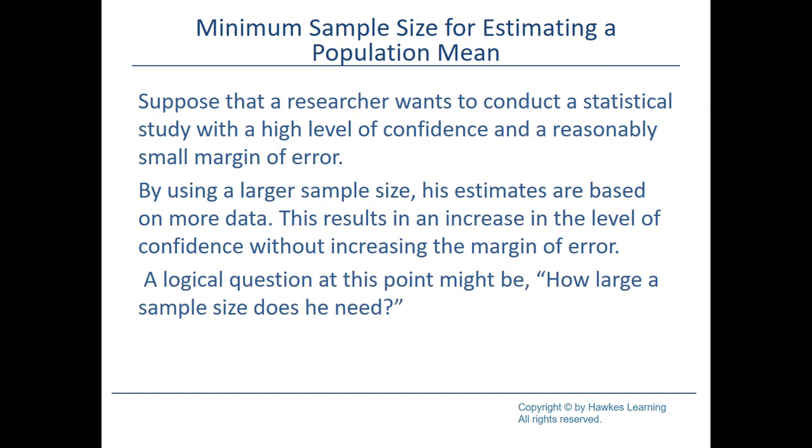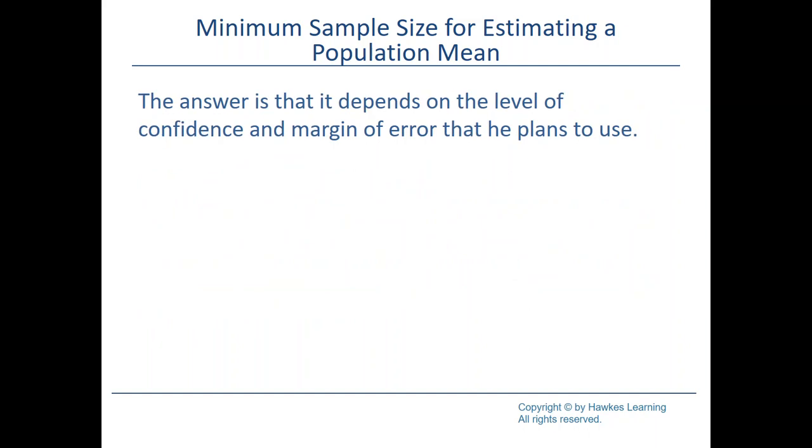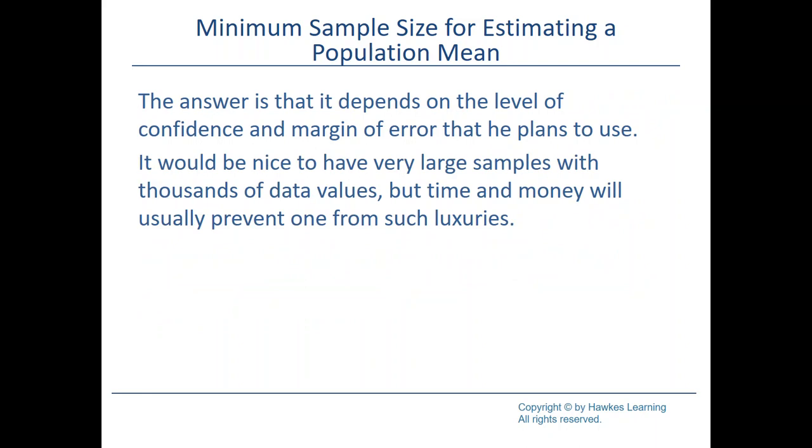A logical question is how large a sample he actually needs. The answer depends on the level of confidence and the margin of error they plan on using. It would be nice to have thousands and thousands of data values, but time and money usually prevent such luxuries.